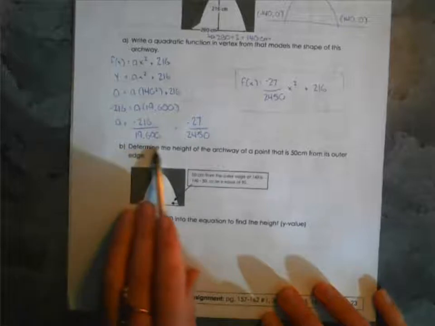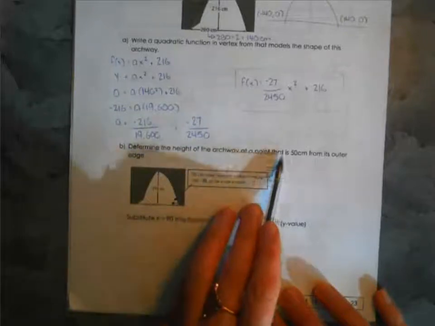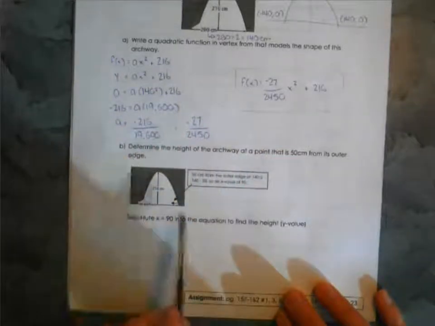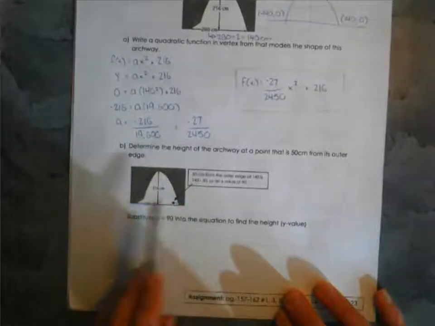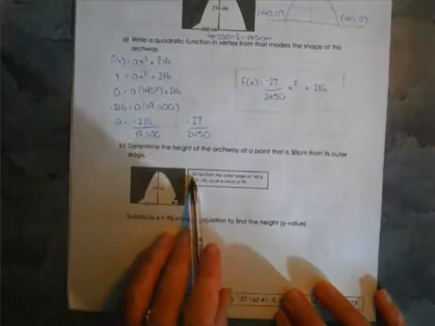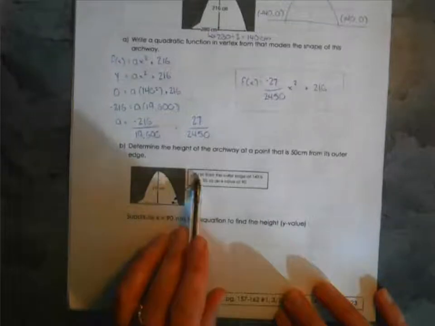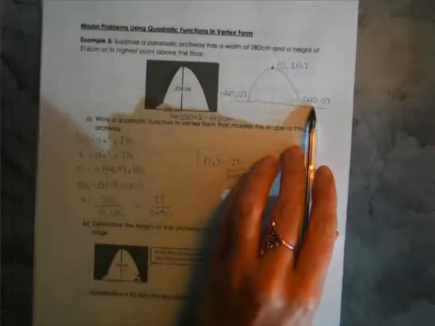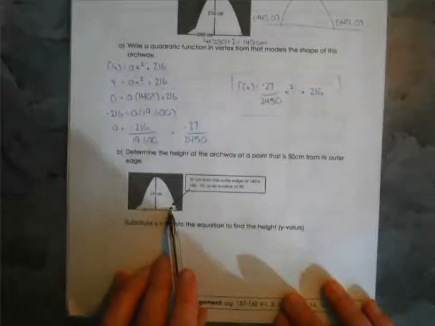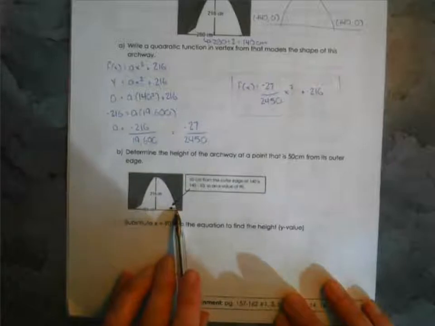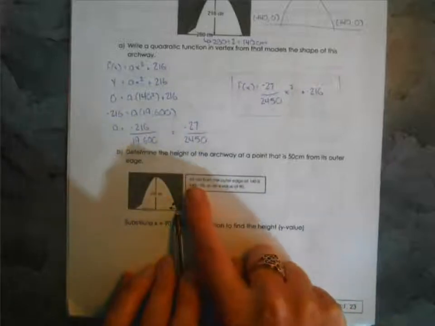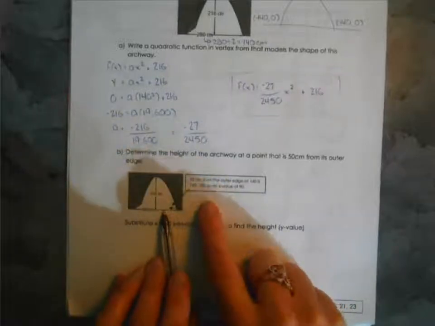But okay, so the next part here is determine the height of the archway at a point that is 50 centimeters from its outer edge. So basically, I kind of wrote in here a little bit of my thinking, which is that if you're 50 centimeters from the outside edge, we already set up here that 140 is your outside edge, right? So if we work with maybe the right side here, for example, 140 would be here, but we're 50 centimeters in from the outside edge.